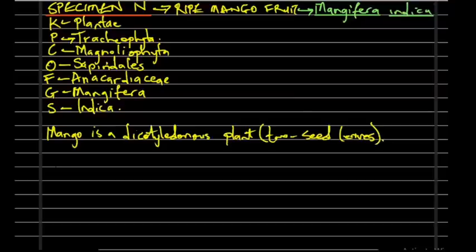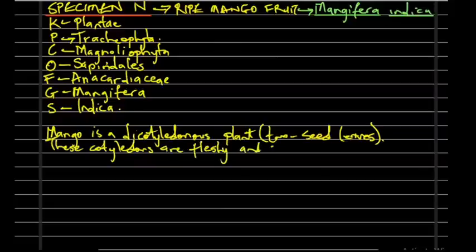Now, these cotyledons are fleshy and store food. The embryo is covered by a two-layered seed coat.